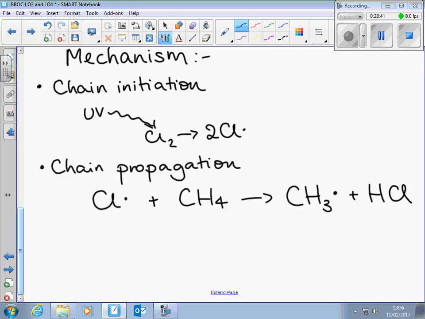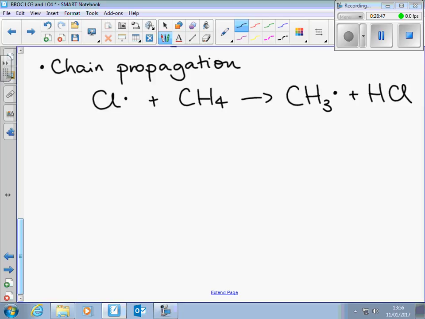Now, you've got a diagram of this that shows where the electrons are going, but I can't stop myself doing it. If we will use the one that's on the sheet, I'm not going to generate my own and make a mess of it.